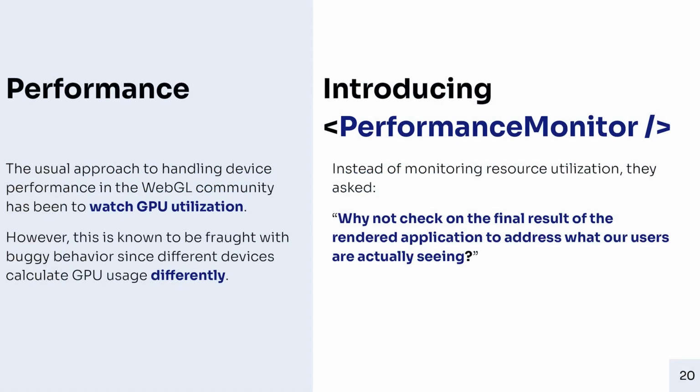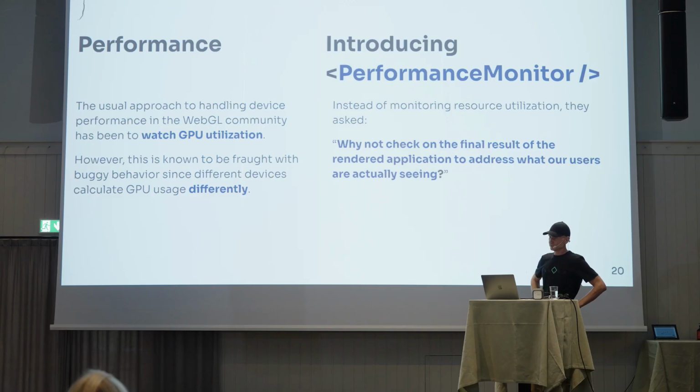So one usual approach for handling device performance in WebGL is to watch the GPU utilization. But they thought that's not that nice, and they are quite good developers. So they thought, why not check on the final result of a rendered application and address what our users are actually seeing and fix that while it's rendering. Very crazy.